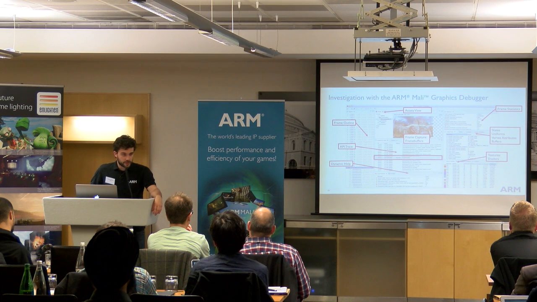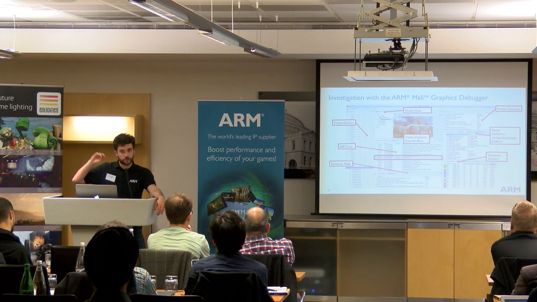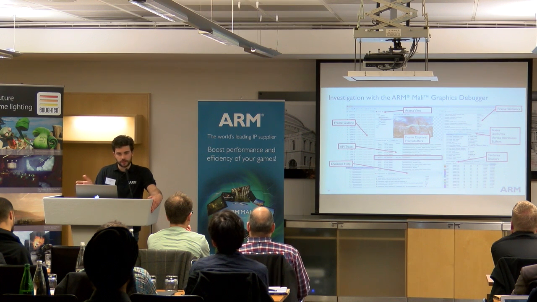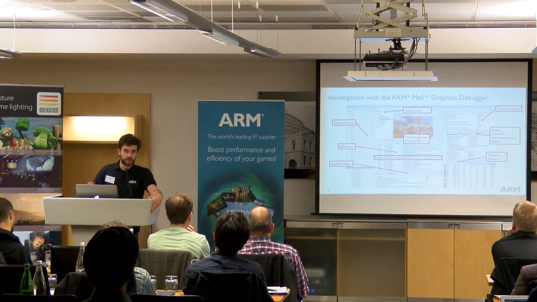In fact, you can select any API call in the center view, and the rest of the application will update to show the state at that point in time, not just the GL state like GL blend or GL clear color, but also the state of all the assets, which means textures, buffers, shaders, uniforms, vertex attributes, and so on.